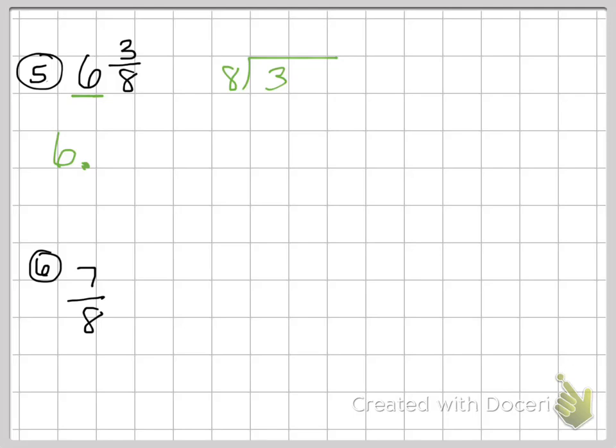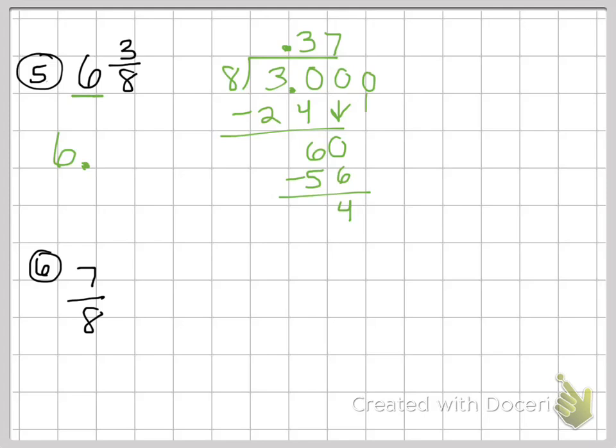3 divided by 8, add a decimal and a 0, and then start dividing. That is 3, 24, 6, bring down another 0, oops, forgot to bring up my decimal, and let's see, that is 7, 8 times 7 is 56, another 0, 40, and 5.